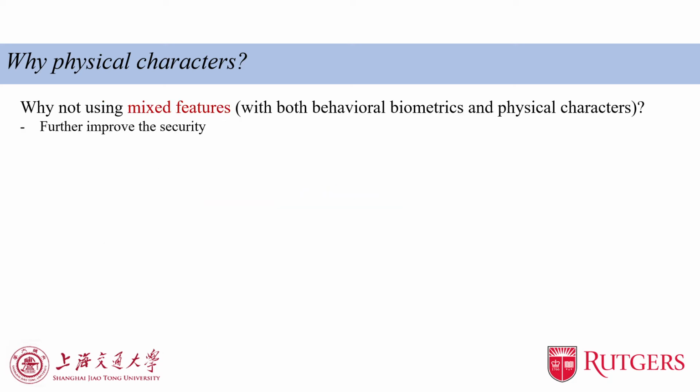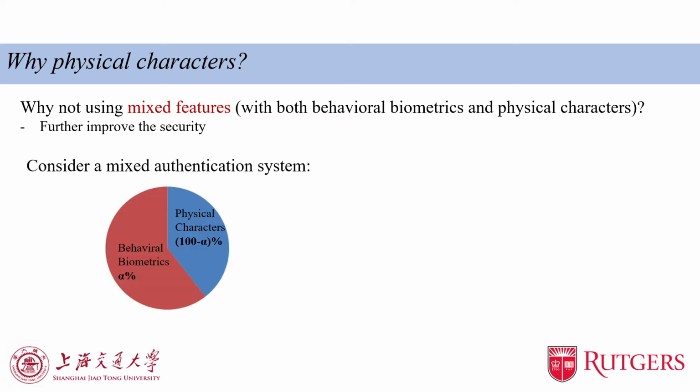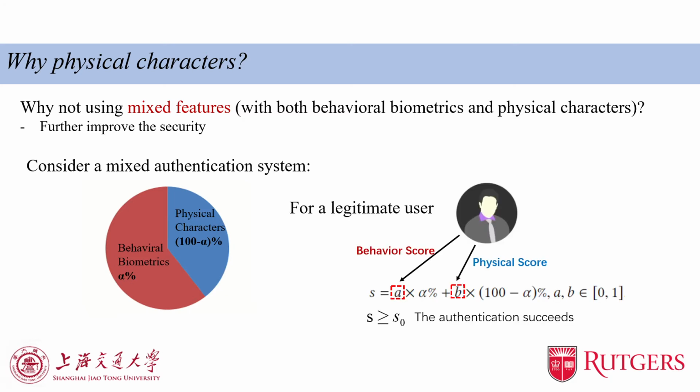Then we would like to show why we do not use mixed features, and that's mainly for security reasons. So let's consider a mixed authentication system with part behavioral biometric and part physical characters. Then in the ideal case, a legitimate user scores A for the behavioral part and B for the physical part.